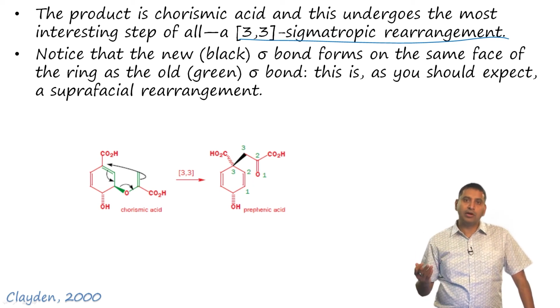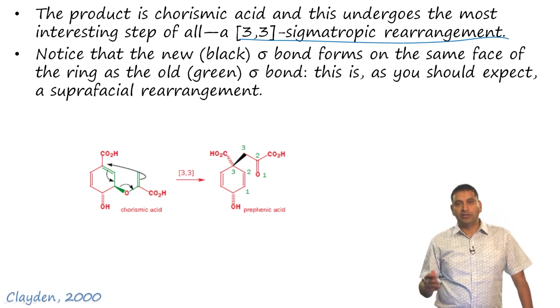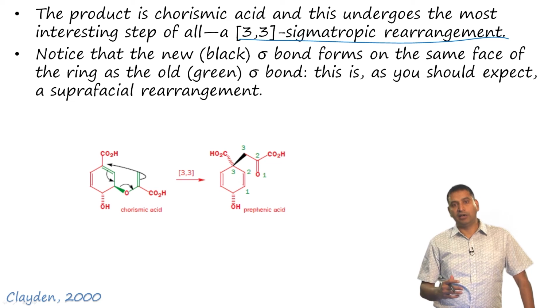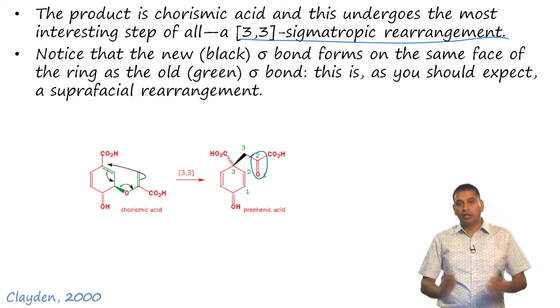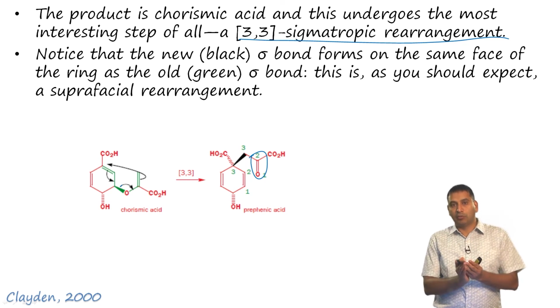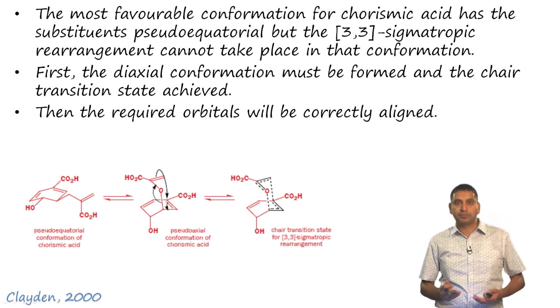We will not have time to go through this mechanism, but what happens here is that you form a new carbon-carbon bond, and then you break this carbon-carbon double bond, and this carbon-oxygen bond is broken, and you form a new C double bond O. Okay. So, this occurs in a 3,3 sigmatropic manner, and it is called a suprafacial rearrangement.